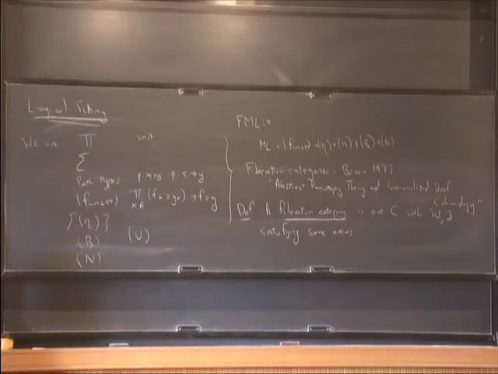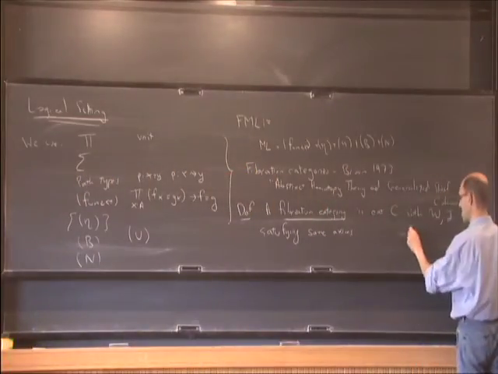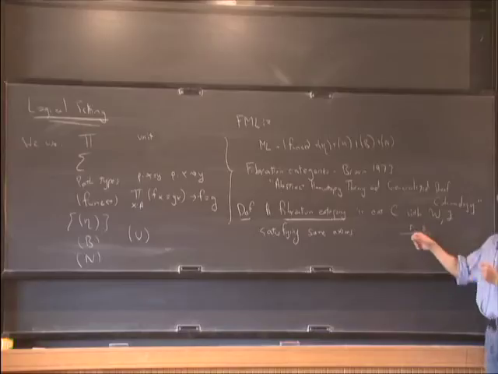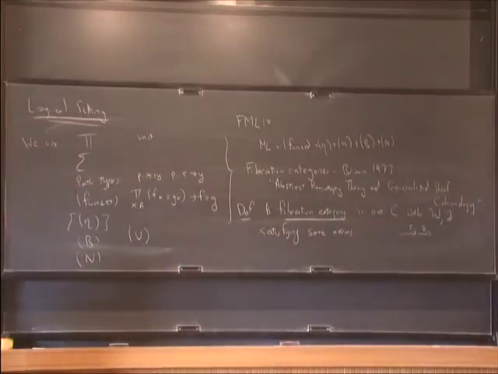Brown's first axiom was a 2 out of 3 property: given f, g, and f composed with g, if any two of those are weak equivalences, then the third is as well. That's recently been upgraded. People now talk about a 2 out of 6 property, which is like 2 out of 3, but better. We'll take that to be the new definition.